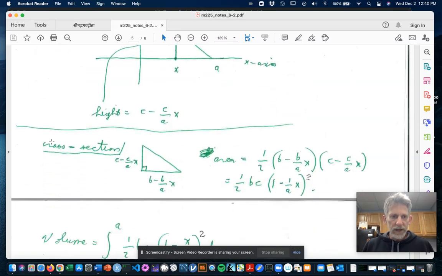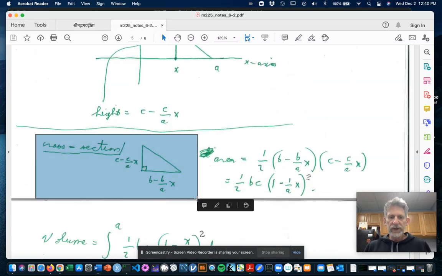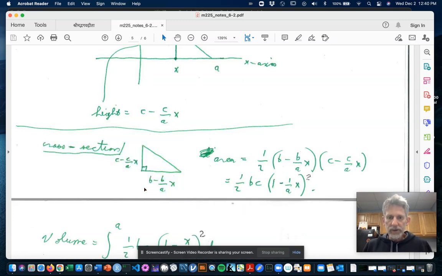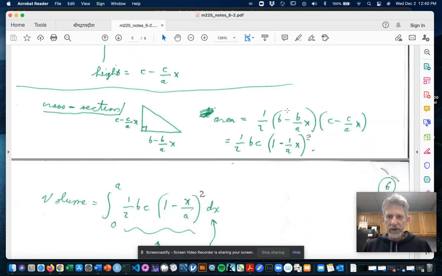So now we got a better picture of our cross-section because we can label the base and the height on it. It's a right triangle, so its area is 1/2 the base times the height. And so when you multiply those things together, you can factor out clearly a b from here, and you can factor out a c from here, and you get 1/2 bc times 1 minus 1 over a x squared, okay?